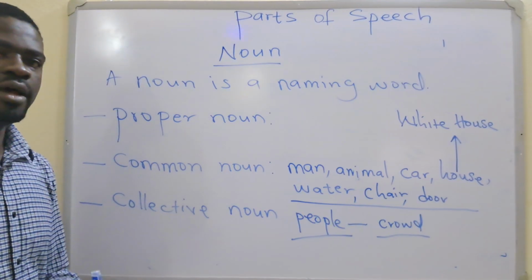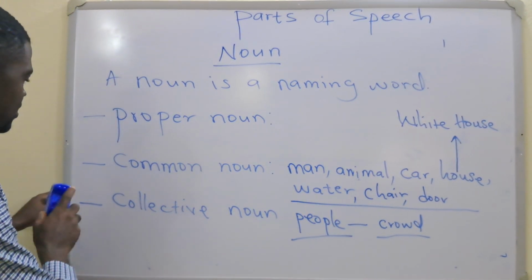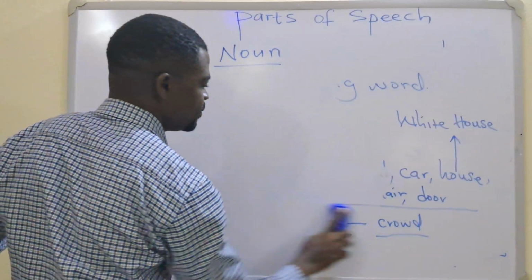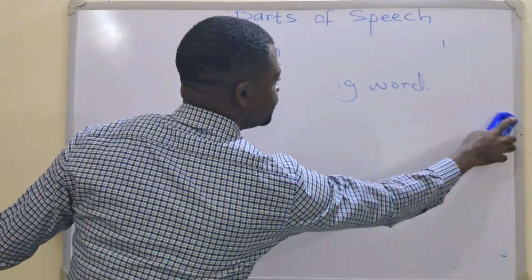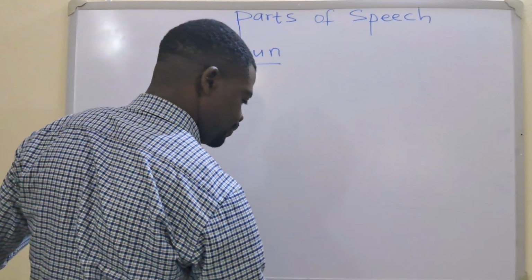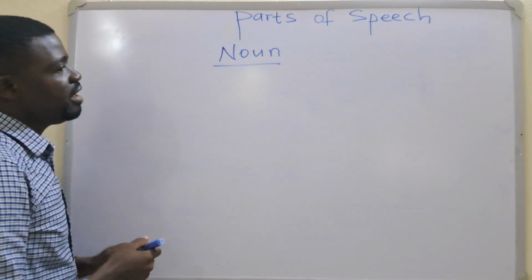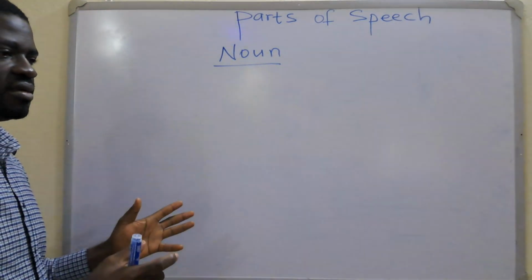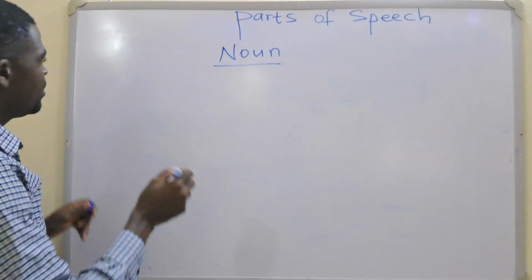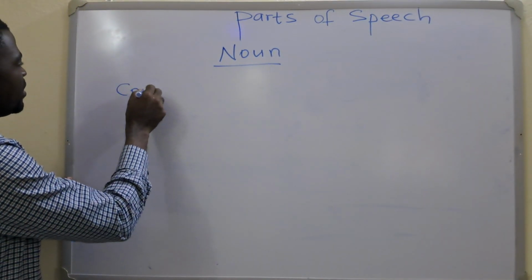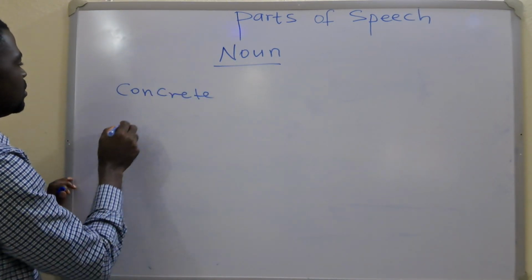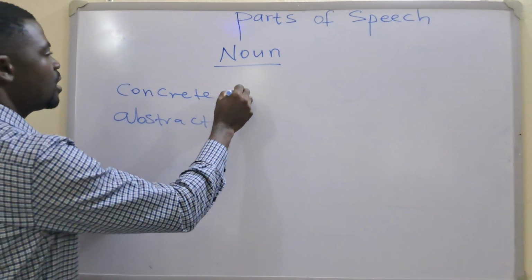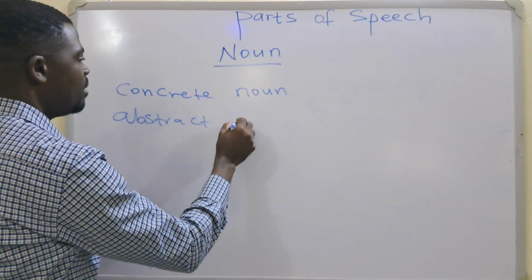There's another way to describe nouns. Let's see how else we can describe nouns. You can describe nouns based on their property or substance. Yes, you can have concrete noun and abstract noun.